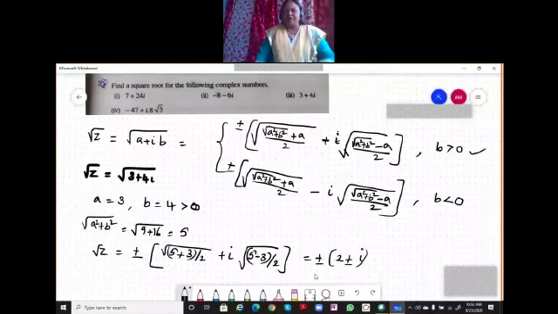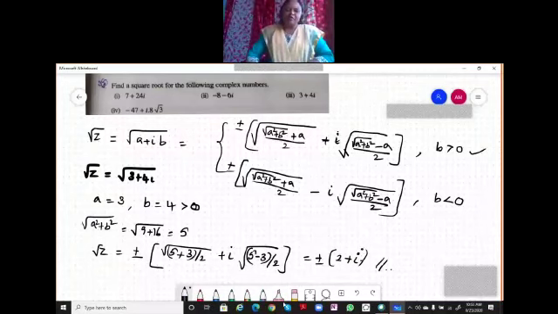Sorry, here there is no minus here, we have only plus. So the square root of 3 plus 4i is plus or minus (2 plus i).